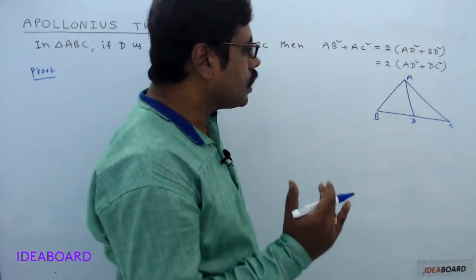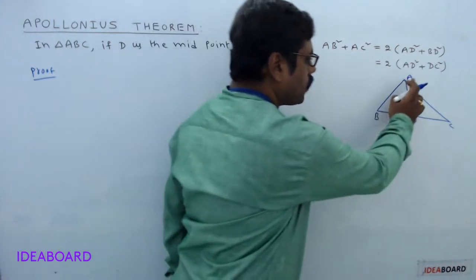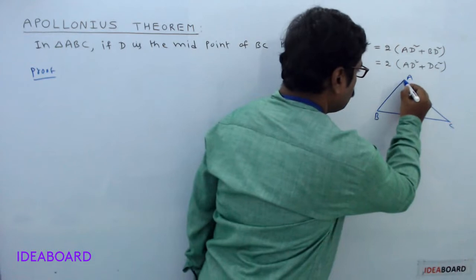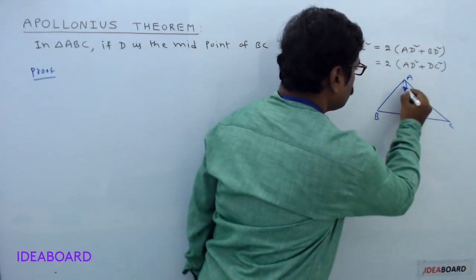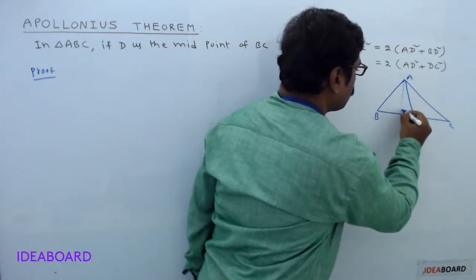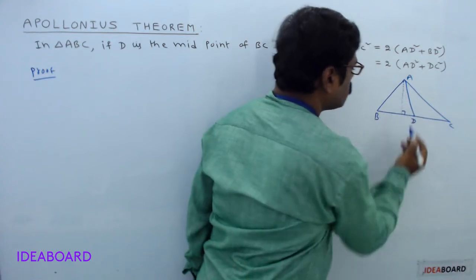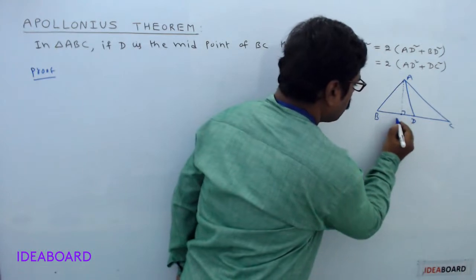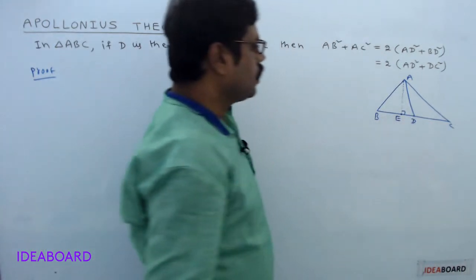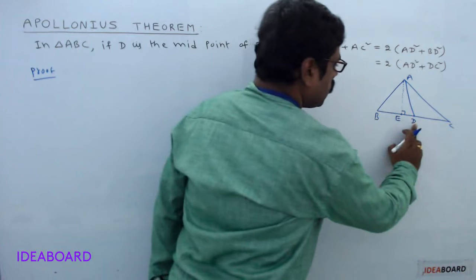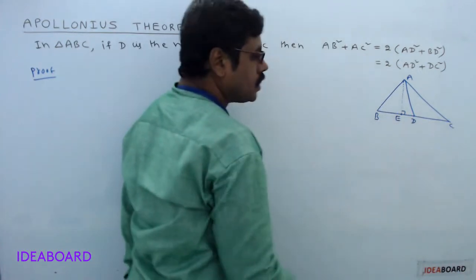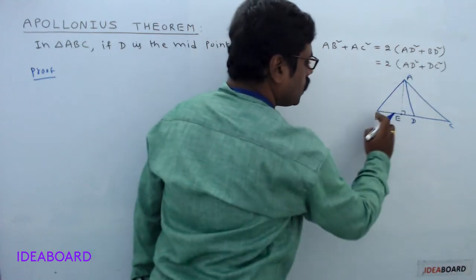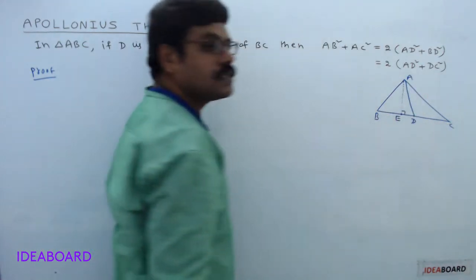Now again draw a perpendicular from the vertex A onto the side BC. Denote this point with the letter E. Here D is the midpoint of the side BC, and E is the foot of the perpendicular drawn from the vertex A onto the side BC.